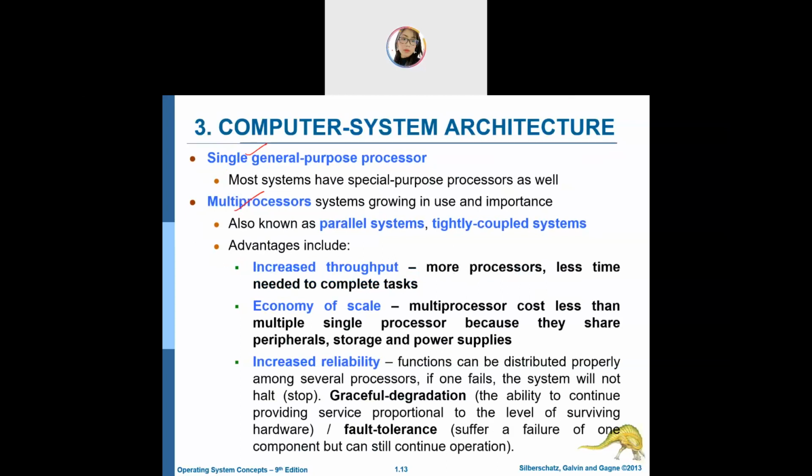In a single general-purpose processor, most systems also have special-purpose processors as well. But when you are dealing with a multiprocessor, there are several things you need to know, and sometimes it's called a parallel system. Before I go deeper, you can see the correlation between subjects.